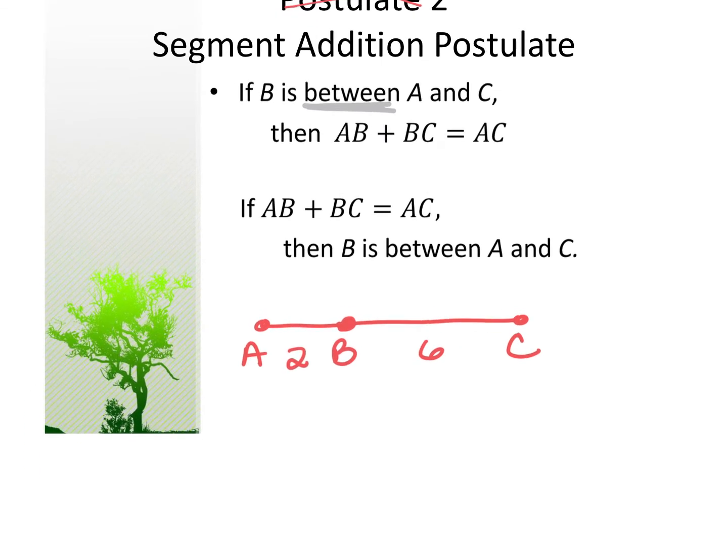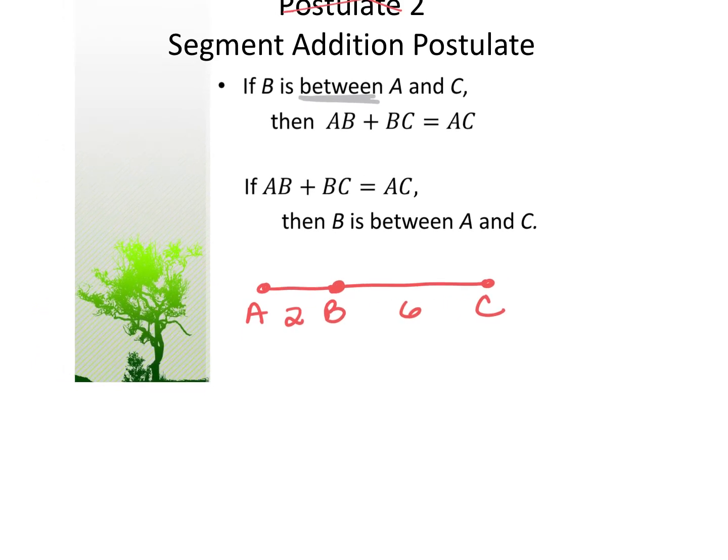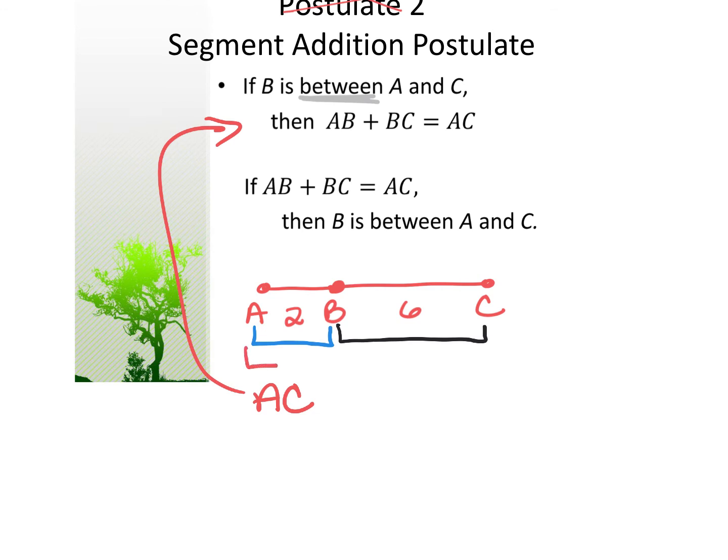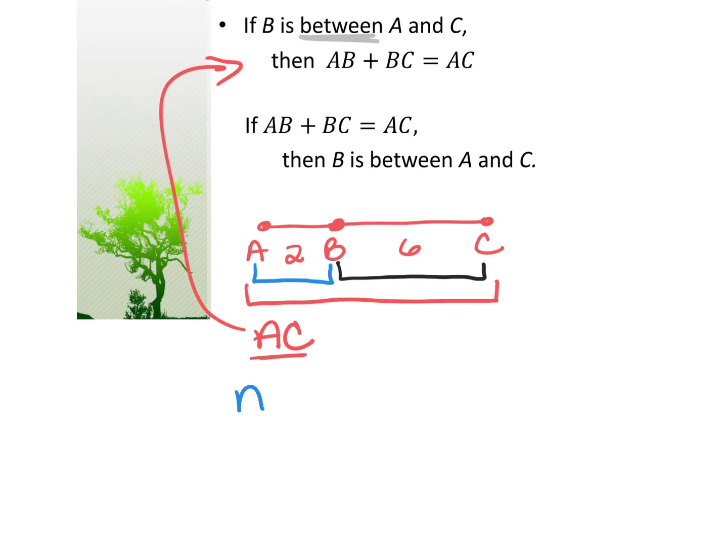So what if I asked you to find the length of AC? If you notice up here, what the segment addition postulate tells us is that we can take this little segment and add it to this other segment, and it will give us the entire length of AC. So what we'll do is AB plus BC equals the whole thing.